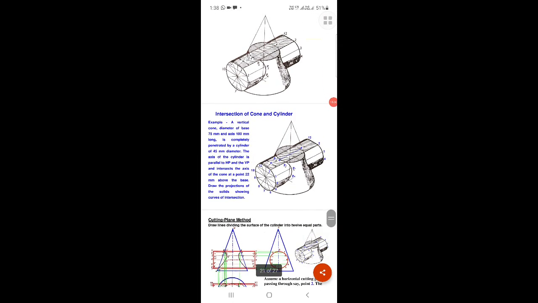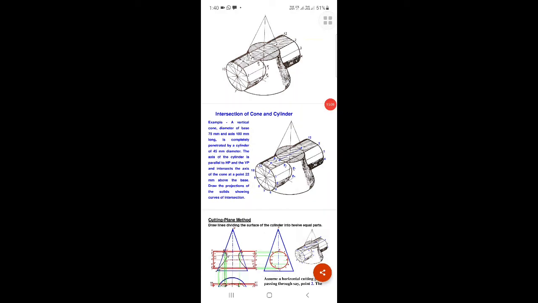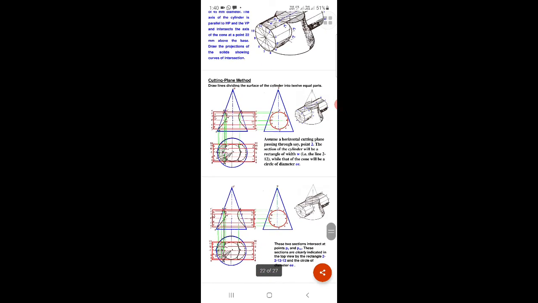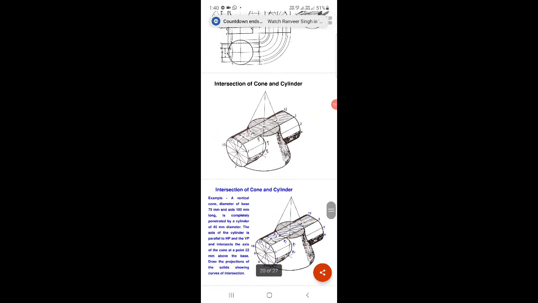In that, there is one vertical cone and another horizontal cylinder, marked with points of the projections. In this way we see a number of cutting plane methods on the cylinder and cone. Let's see them. Firstly draw the figure.